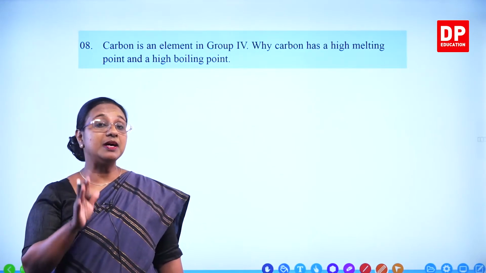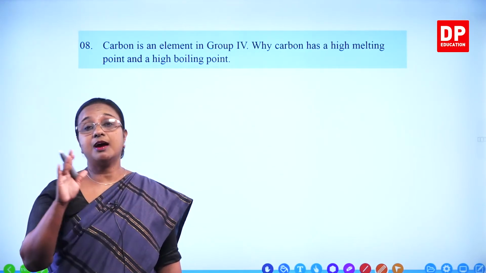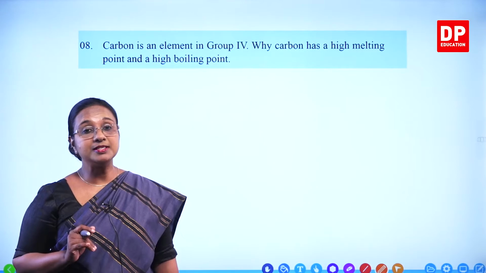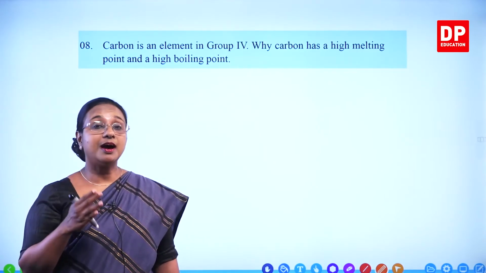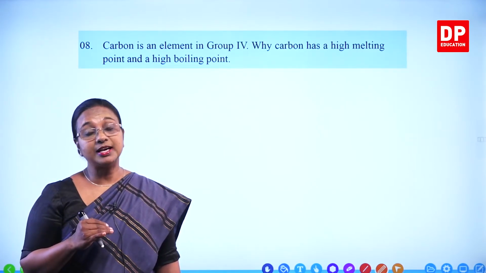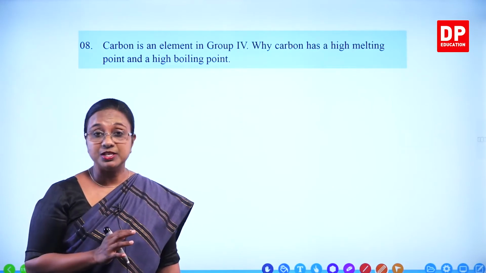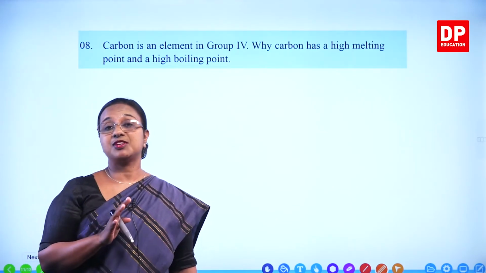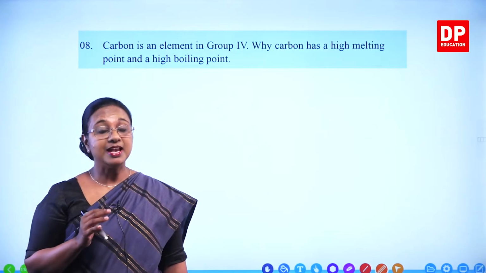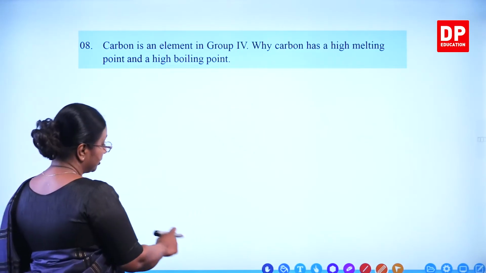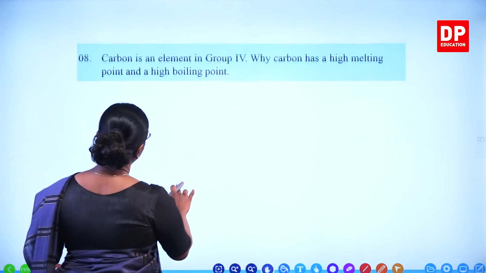And you can remember, if we take graphite, one carbon bonds with another 3 carbons. In diamond, one carbon bonds with 4 other carbons, forming a 3-dimensional lattice. That gives rise to the high melting and boiling point. So that is what you have to explain here.